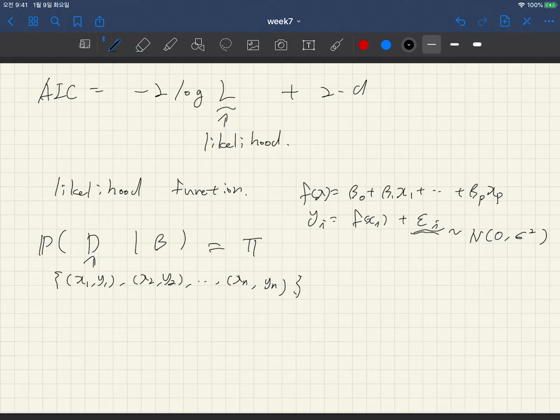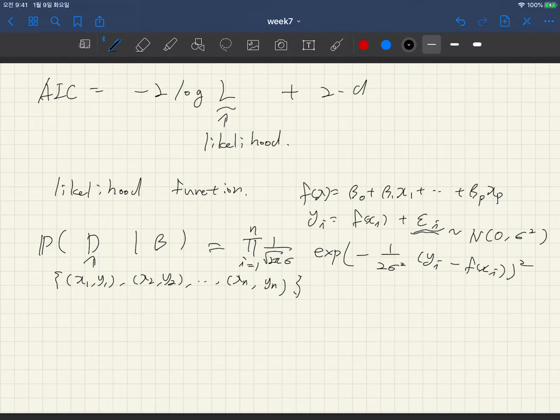This is equal to the product from i=1 to n of 1 over square root of 2 pi sigma times exponential of minus 1 over 2 sigma squared times (yi minus f(xi)) squared.